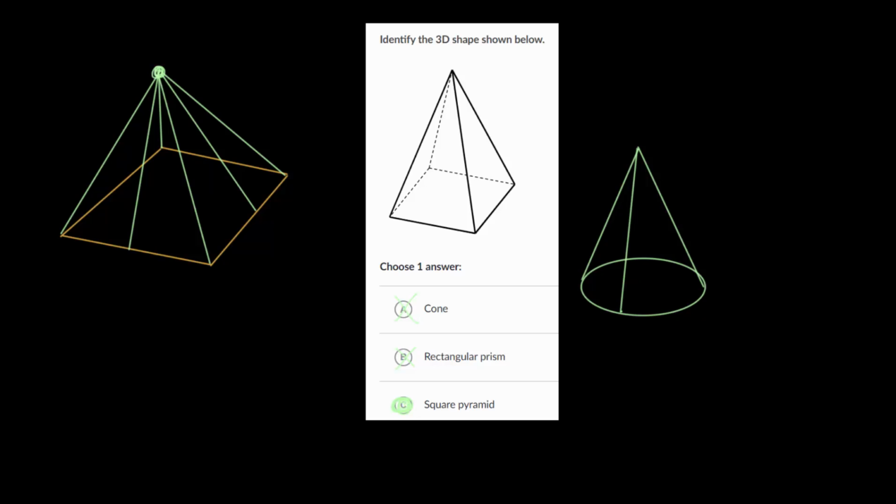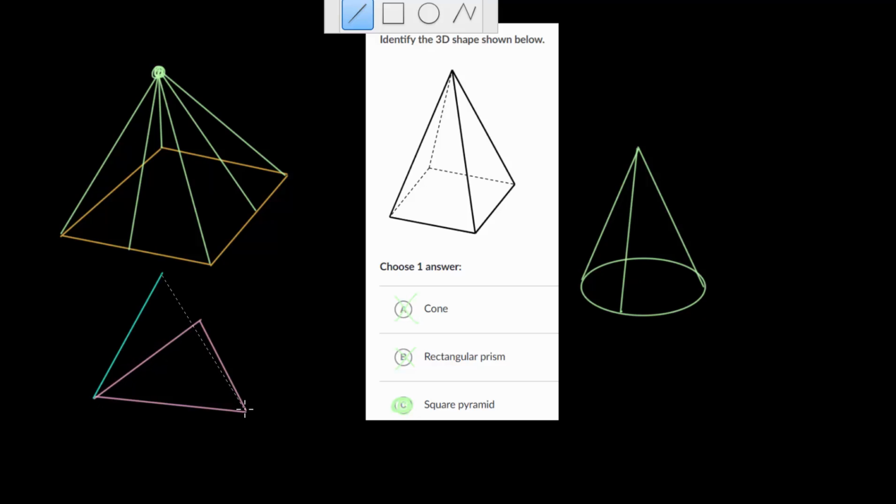We could also maybe have a triangle. So a triangular pyramid would just have a triangle for the base, and then each of the corners would all reach up and connect at the same point above. And again, it doesn't just have to be the corner points, it could be any point along the pyramid. It just gets a little bit messy to draw that.